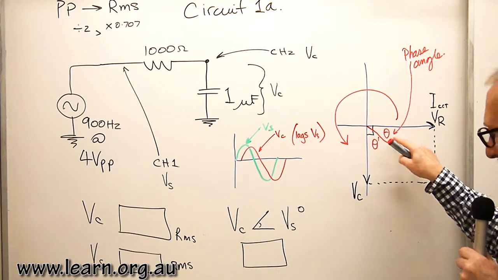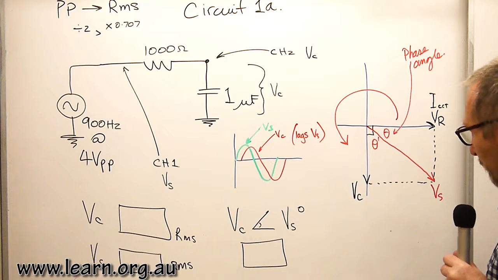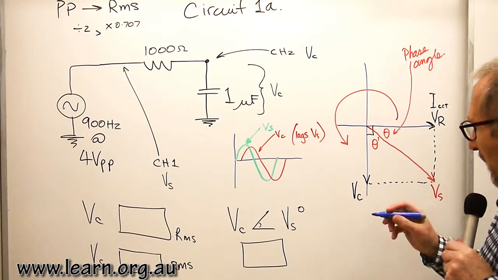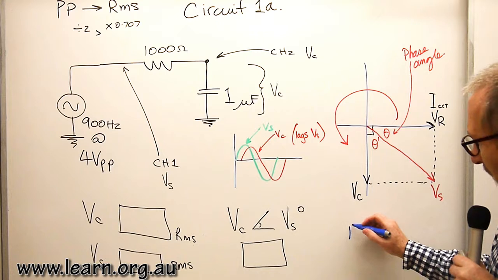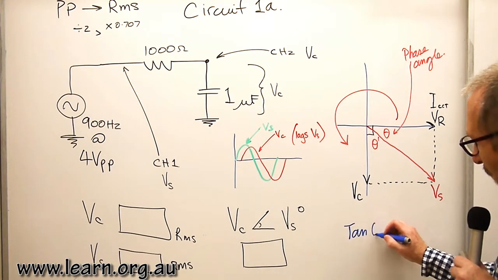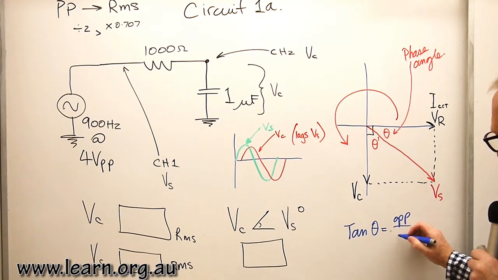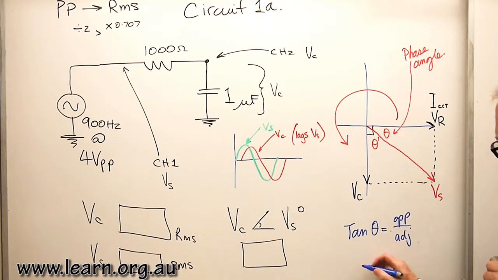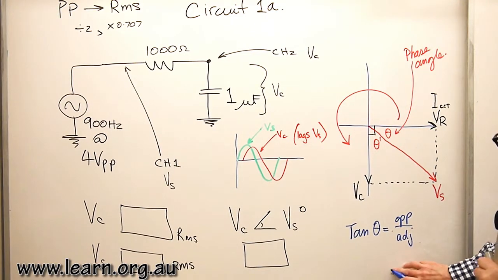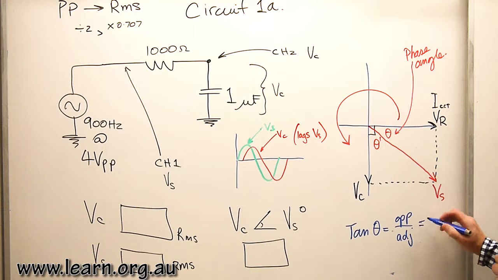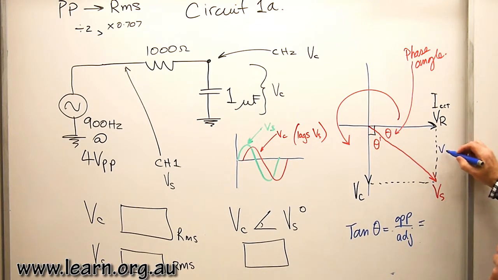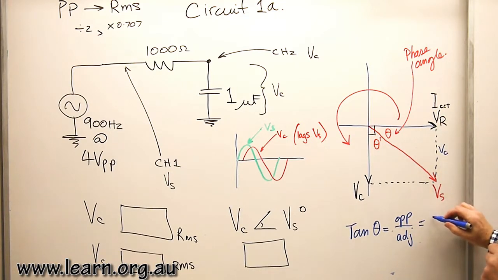To work out the phase angle in the circuit, going on from what we saw last week, the tan of theta is going to be equal to the opposite over the adjacent, and therefore equal to VC, that's the opposite, over the adjacent, which is VR.